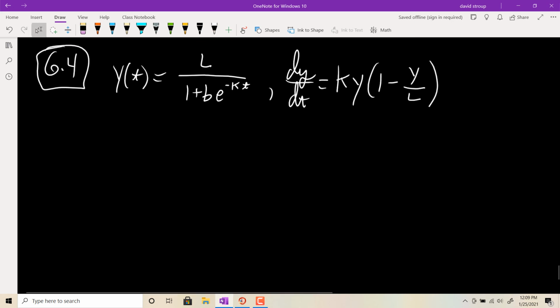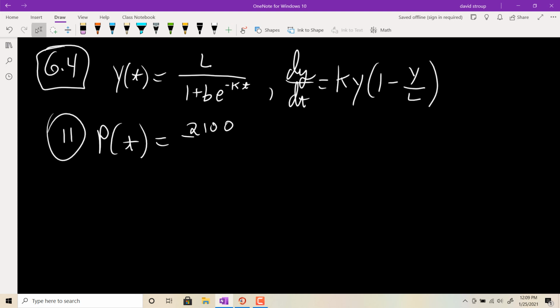Okay, so on our question, we'll be kind of putting all that together to figure out the answers. So P of t is 2100 all over 1 plus 29 e to the negative 0.75 t.